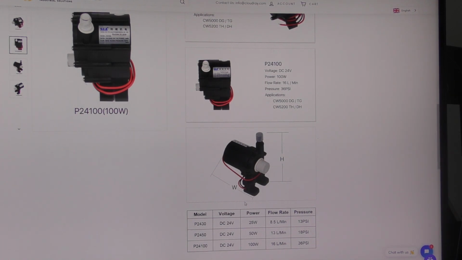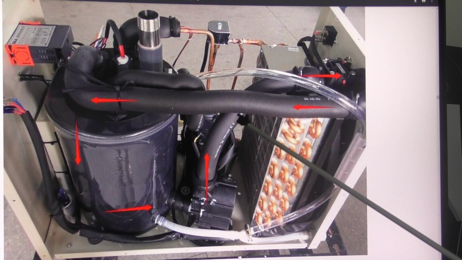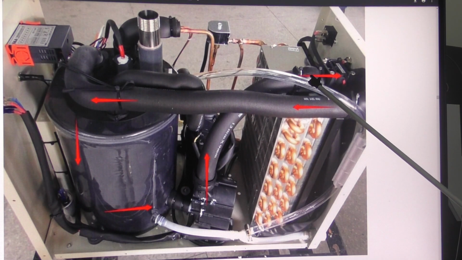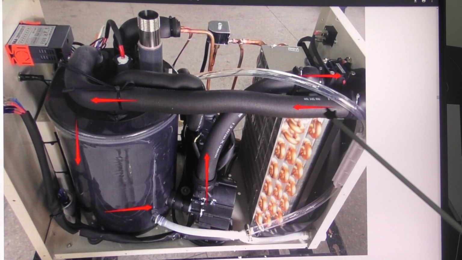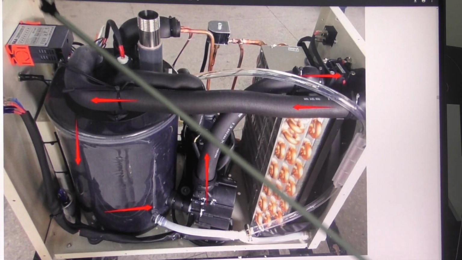So let's assume that we are getting 5 litres a minute flow through the tube. Let's have a look at the inside of a CW5000 and see what that looks like. Well, here we've got that 15 litre a minute pump. So it's sending 5 litres a minute out through the flow switch here, and then it's returning that 5 litres here.